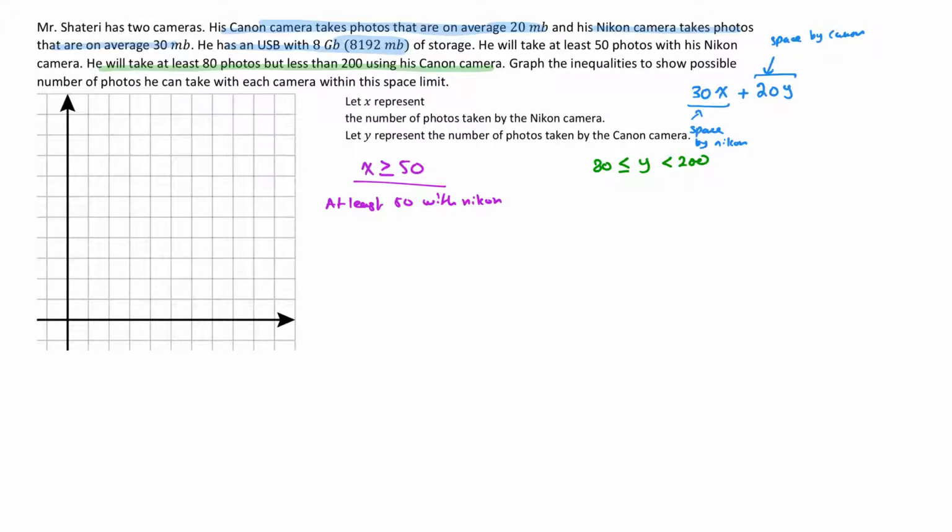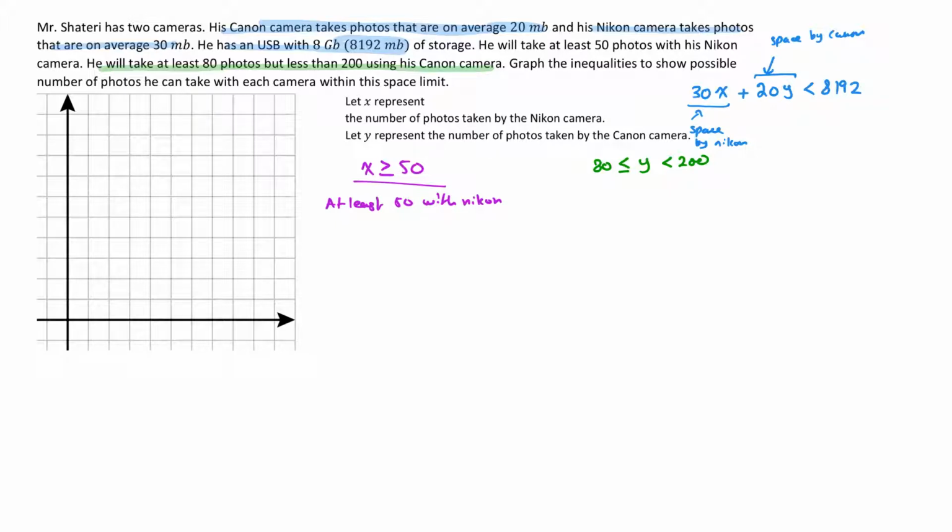And this space cannot exceed, so it has to be less than, I'm going to say less than in this case, not even equal to, because usually you don't get 8,192 megabytes of storage, it is always less. So I will say 8,192.